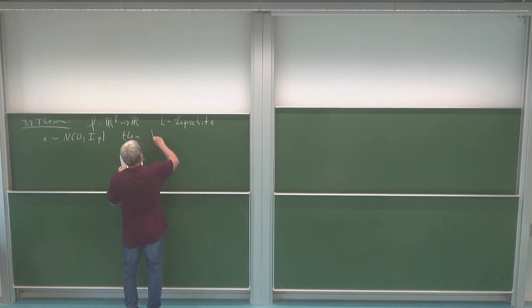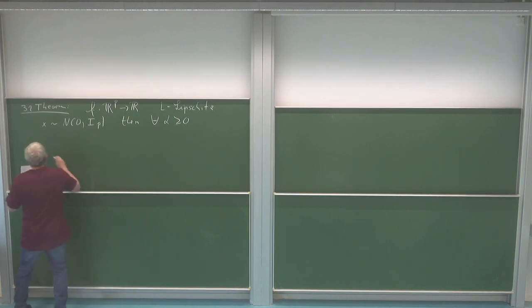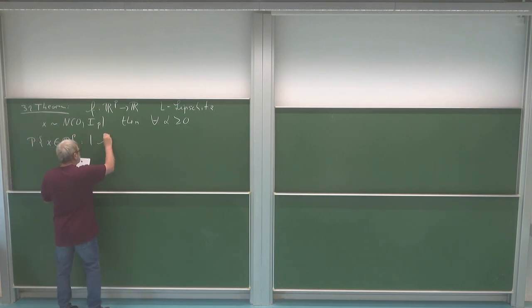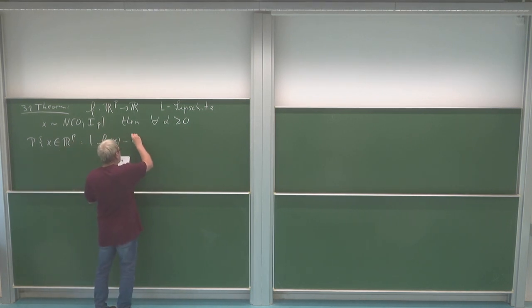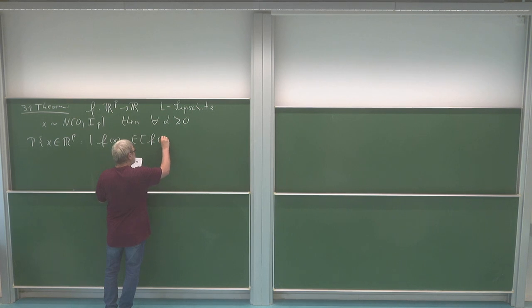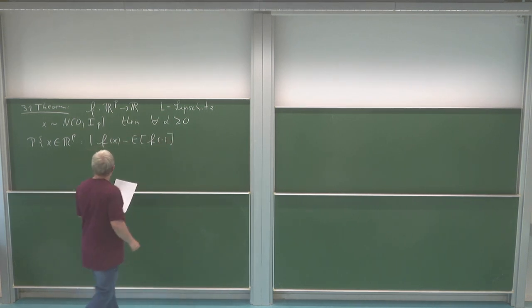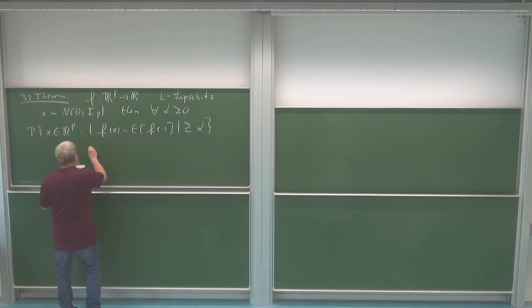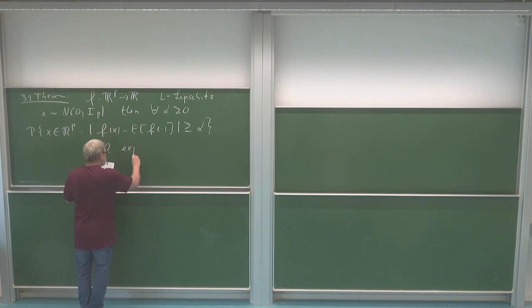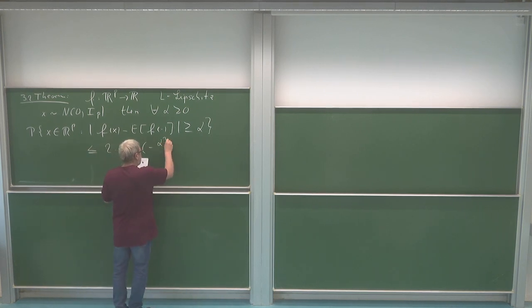So for all alpha bigger or equal to 0, we want to prove that the probability of the vectors such that the distance between f applied to this vector and the expected value of this function is bigger than alpha, we can estimate by 2 times exponential of minus alpha squared divided by 2L squared.